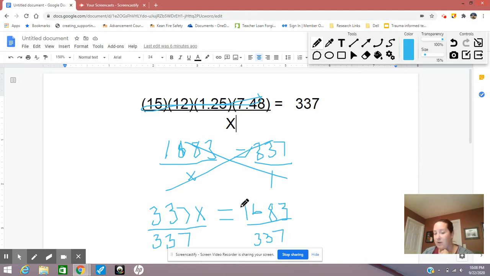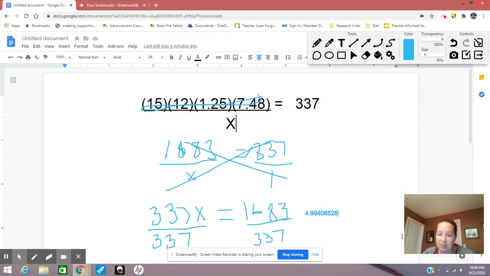So if we divided 1,683 divided by 337, we would end up with, I'm going to type this because it's a giant number, 4.99406528.